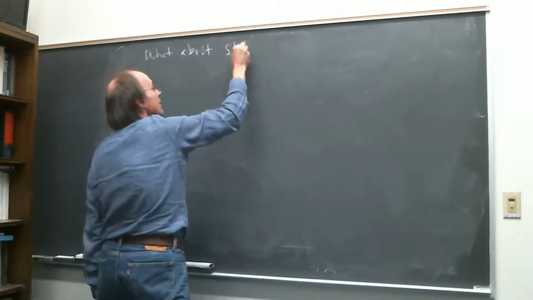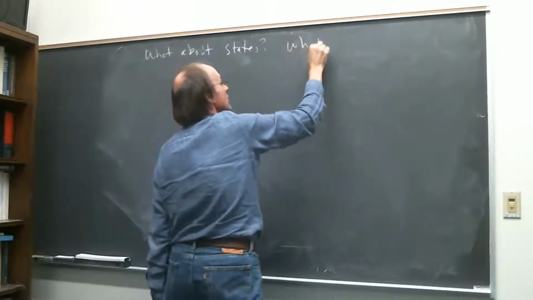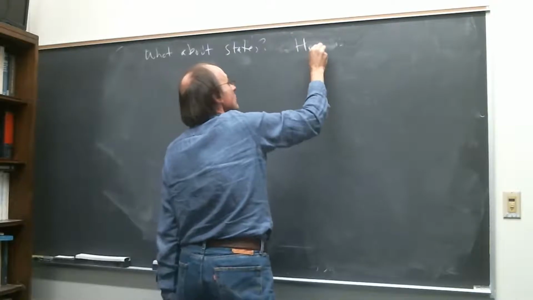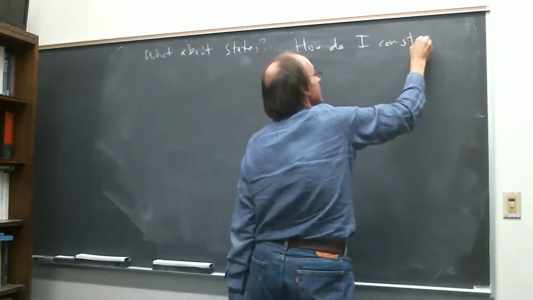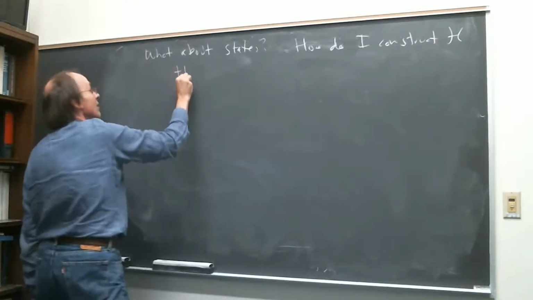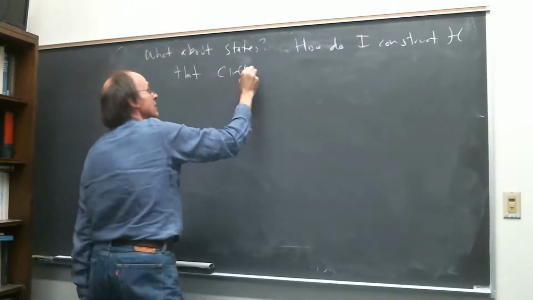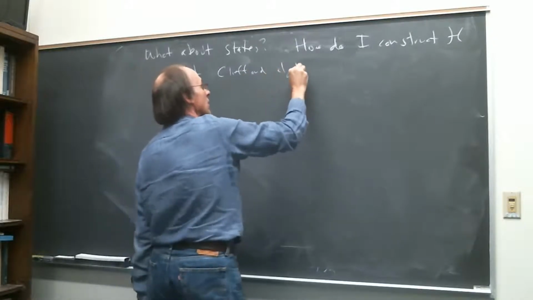States. In other words, what is H? How do I construct H that the gammas act on, for an axon?